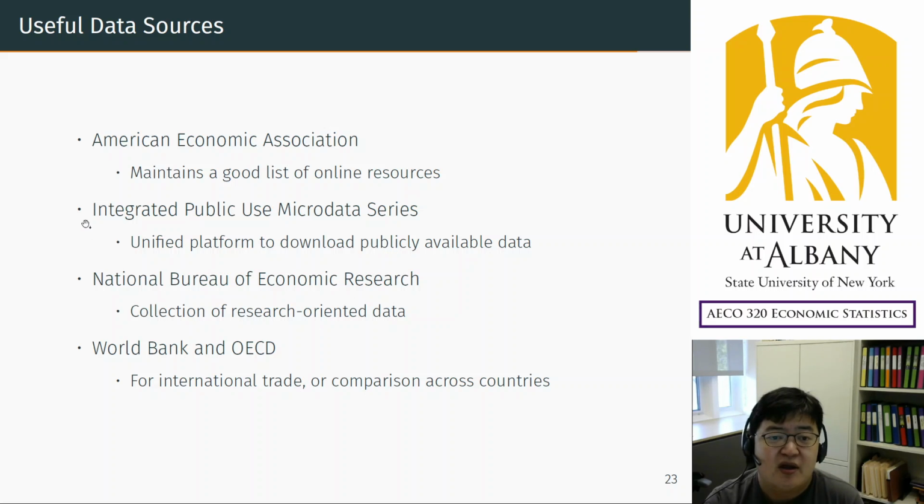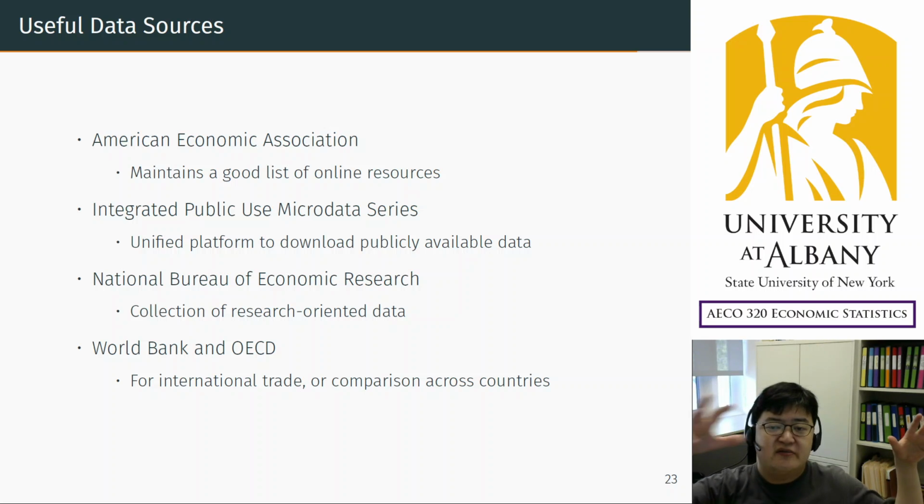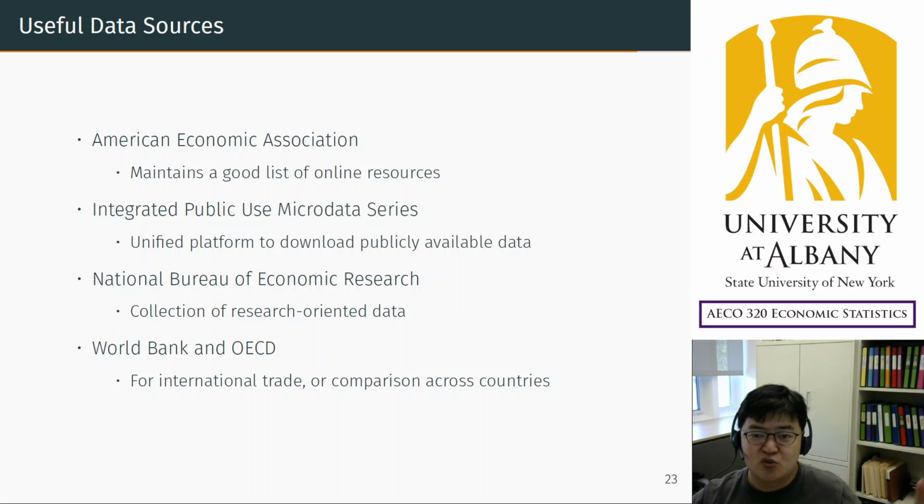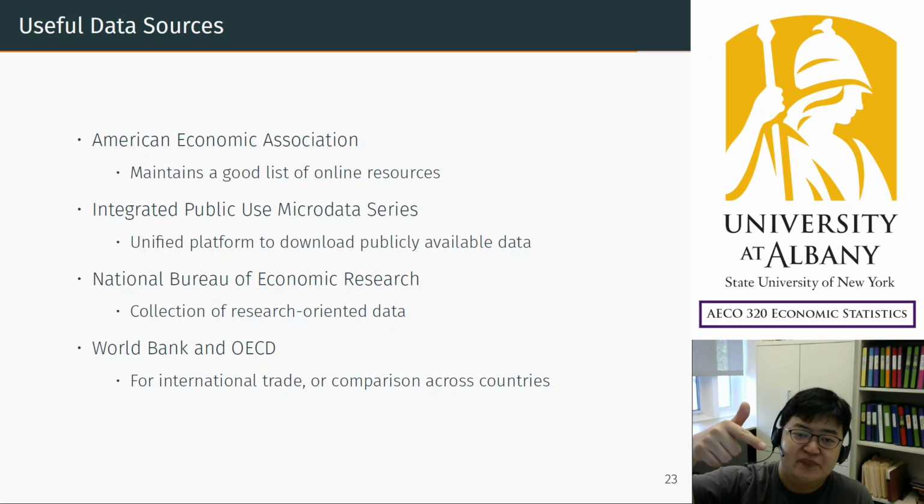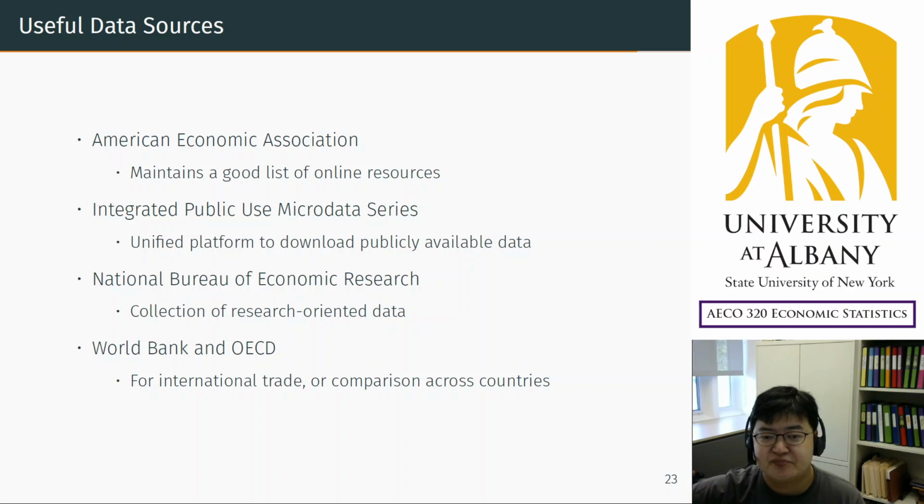And also, the Integrated Public Use Microdata Series. This is a very useful platform because it collects a lot of different publicly available data sources into one place. And you can just click to download a certain variable from a certain data set in a certain year, right?